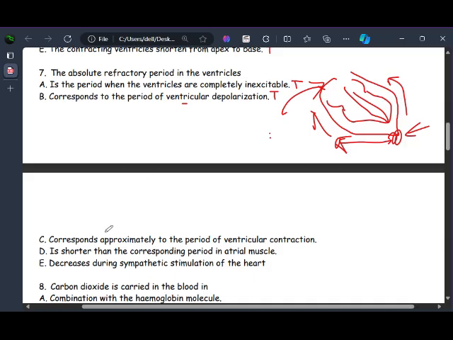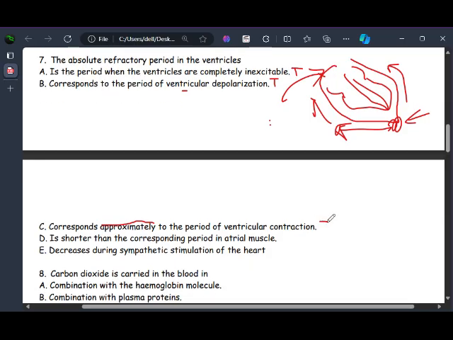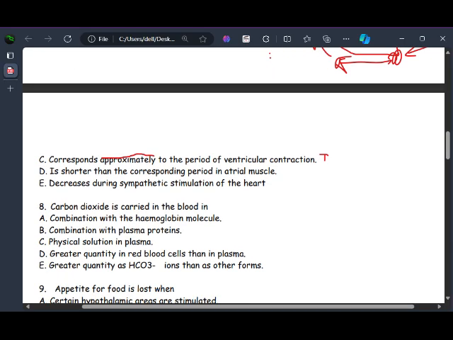So it's that period when it's being depolarized, it's the period in which there's ventricular contraction as well. So that is also true. And then D, it is shorter than the corresponding period in atrial muscle. It's not really shorter. It's basically the same, if not longer.